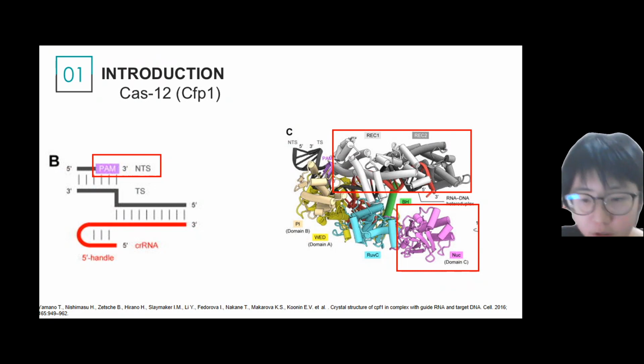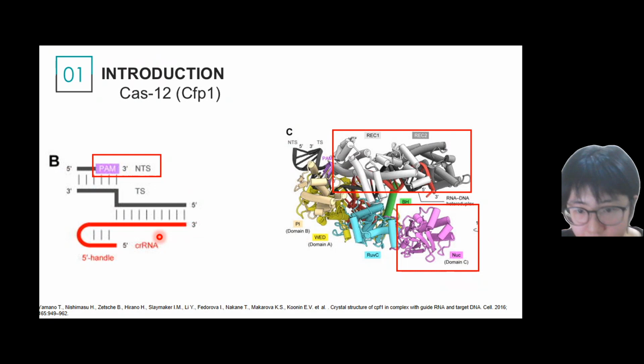It introduces a staggered cleavage 6 to 7 nucleotides away from the PAM sequence, in the RuvC and NUC domain over here.